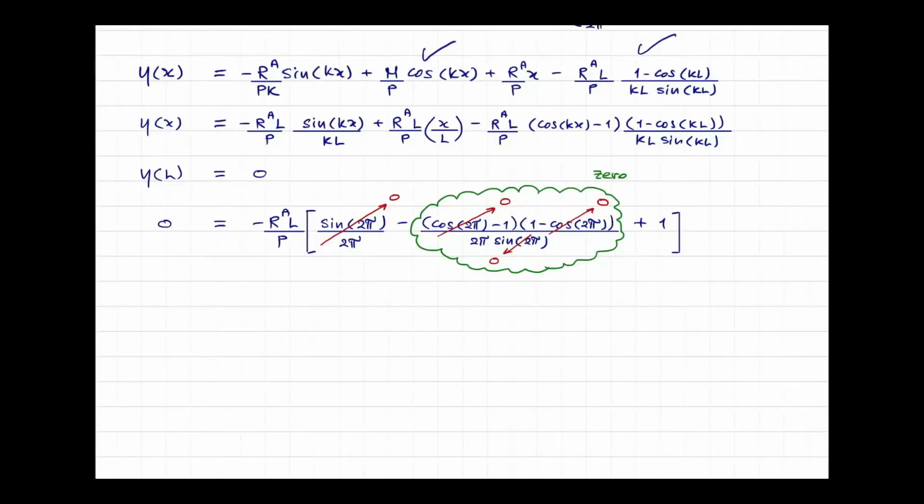According to what? According to L'Hopital's rule. Is there anything? One minus cosine square 2 pi.